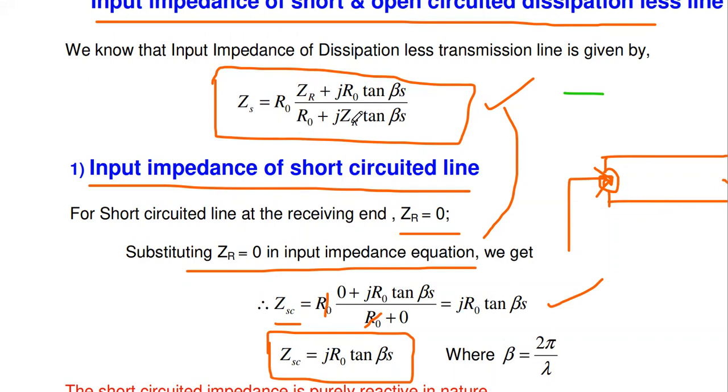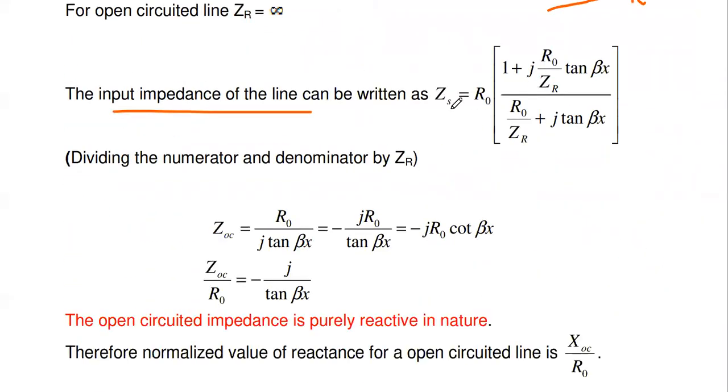So if you rearrange this equation, you see Z is equal to R naught. Taking ZR outside from numerator and denominator, after cancelling we will get 1 plus j R naught by ZR tan beta x, divided by R naught by ZR plus tan beta x. Now you substitute ZR as infinity in the above formula. R naught by infinity becomes 0.